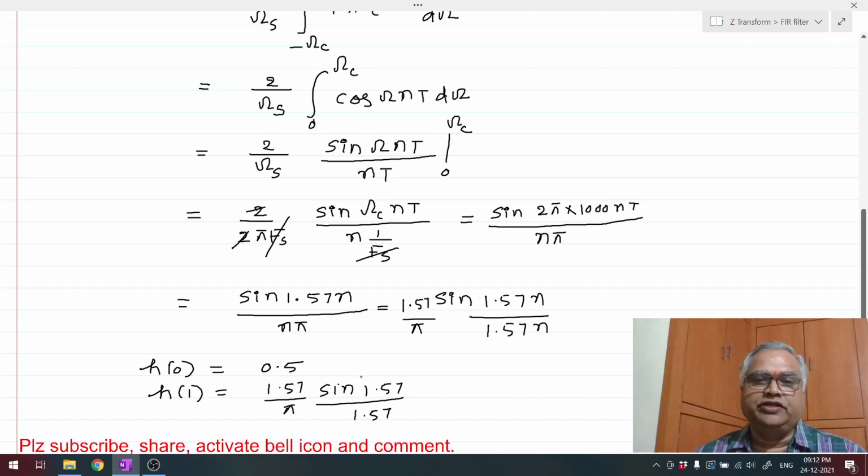But this is in radians. Set the calculator in radians. So simplify, you will get 0.23. All of you check this with your calculator.